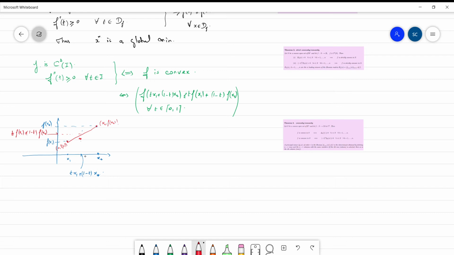That means f at these intermediate points must be lower for each t, so necessarily my curve must be something like that. I have always something smaller.